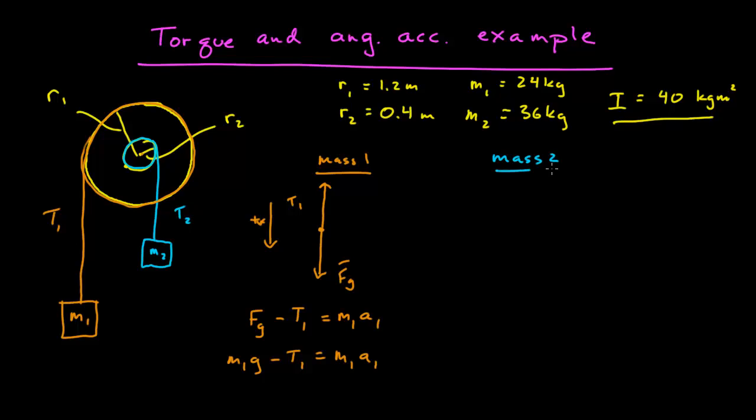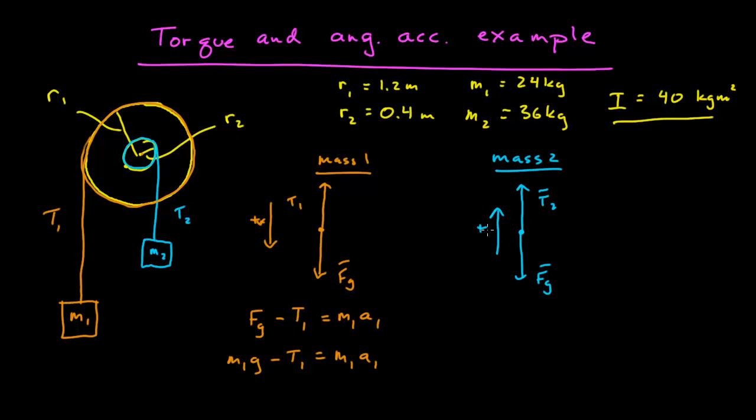Let's go take a look at mass 2 now. What are the forces on mass 2? Same thing: the force due to gravity acting on mass 2, as well as the tension in the string, which is up. I'm going to choose my positive axis up for this one, just because I think that it might go that way when released. I don't know that for sure, but I'm going to guess that.